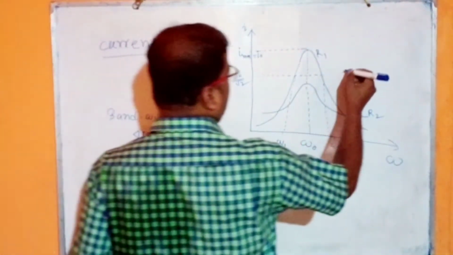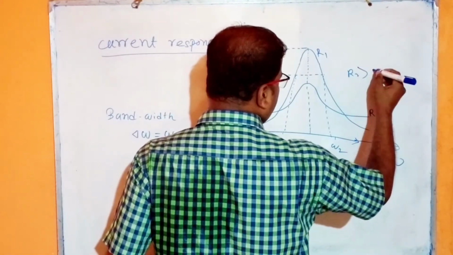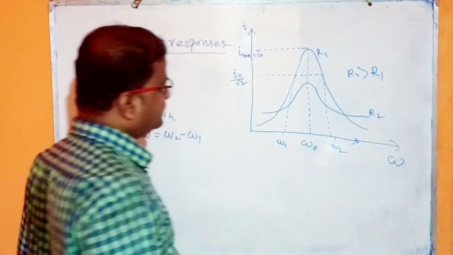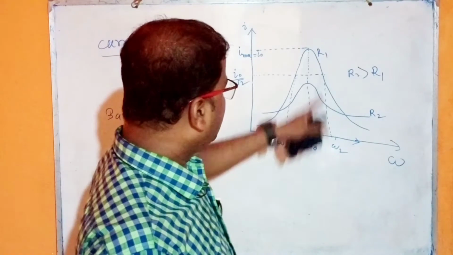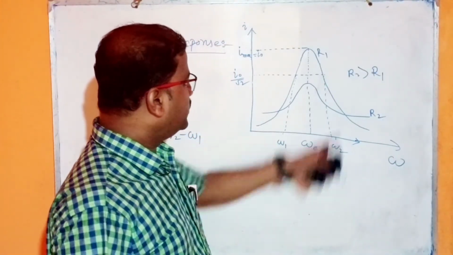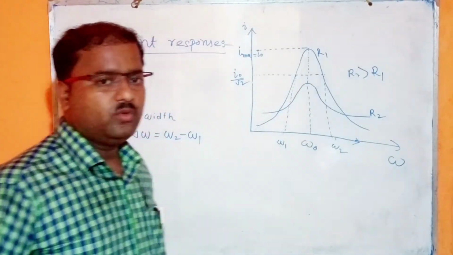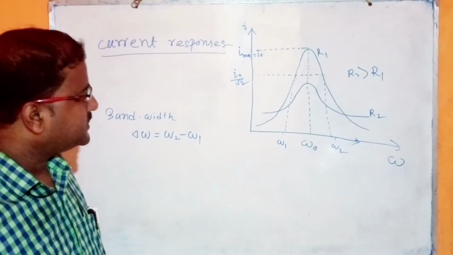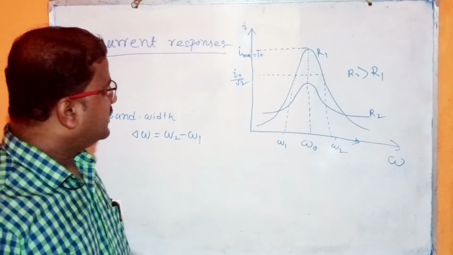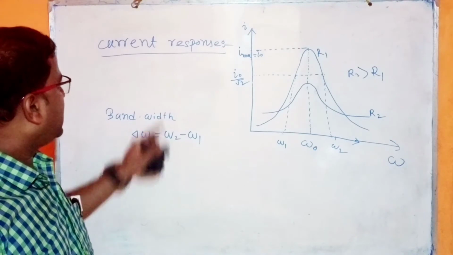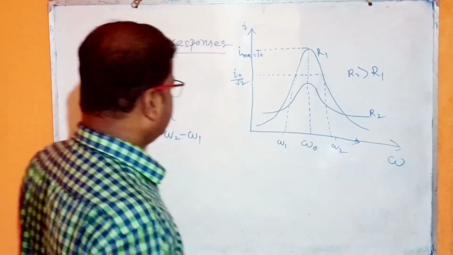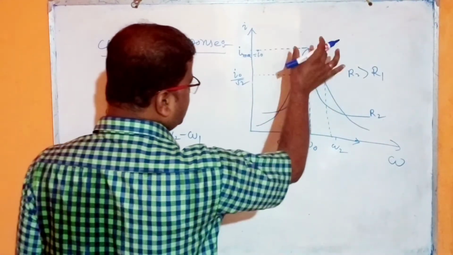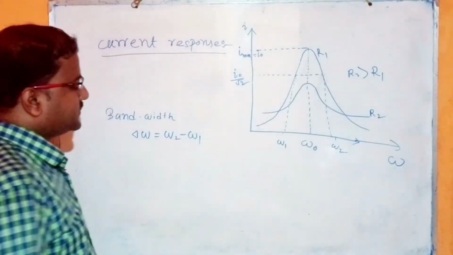Here R2 is greater than R1. If L and C remain constant and we increase the value of resistance, then we see that the resonance curve or current response curve becomes flat. That is, the sharpness of the curve decreases.